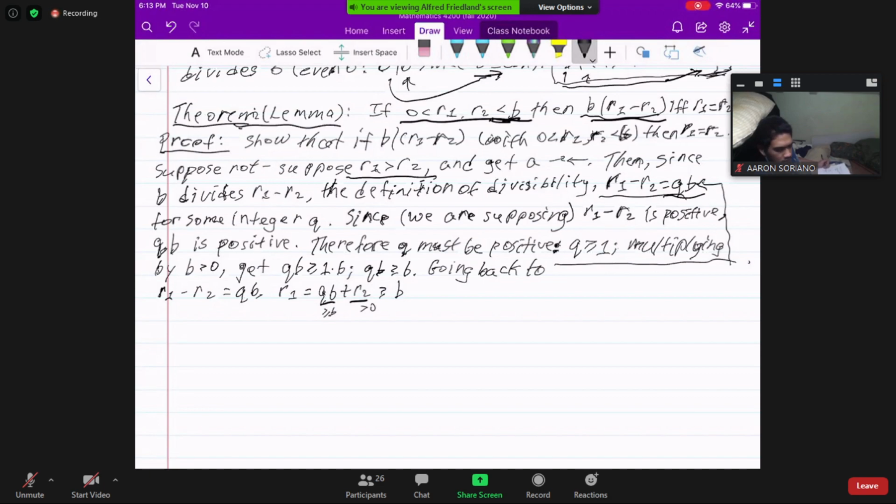We just proved that before. So QB is bigger than or equal to B, and R sub 2 from the hypothesis in the beginning is positive.